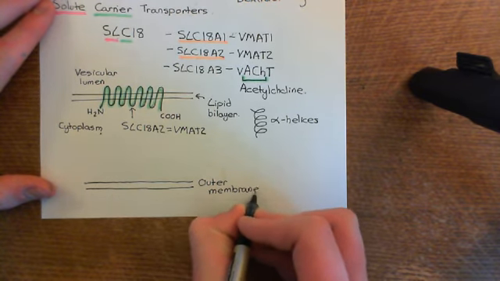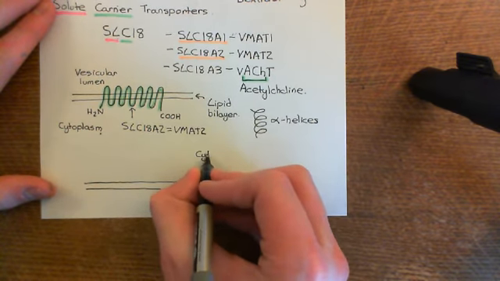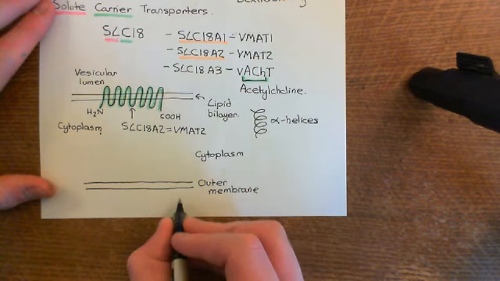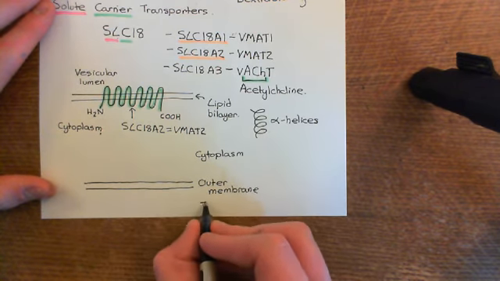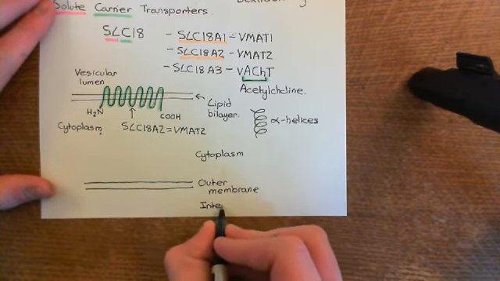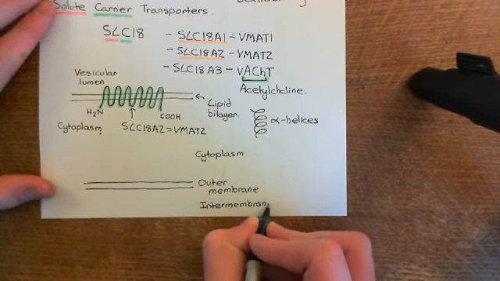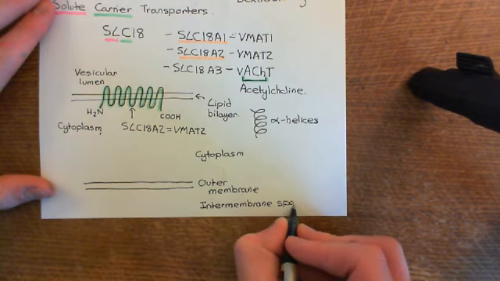Now let's say the top of this membrane is the cytoplasm, and then the bottom of this membrane is the intermembrane space. Okay, so this will go towards the inner membrane of the mitochondrion.